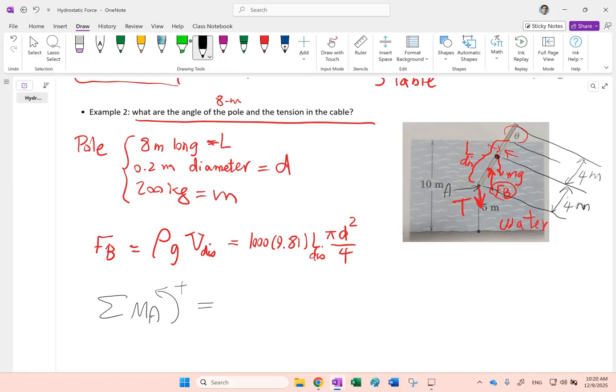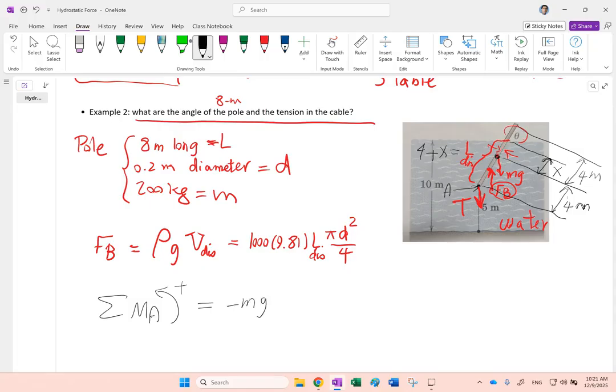So if this distance here I call x, which I don't know, and L of the displaced is 4 plus x, then I can say that the moment of mg about point A is clearly clockwise, so it's going to be negative mg.